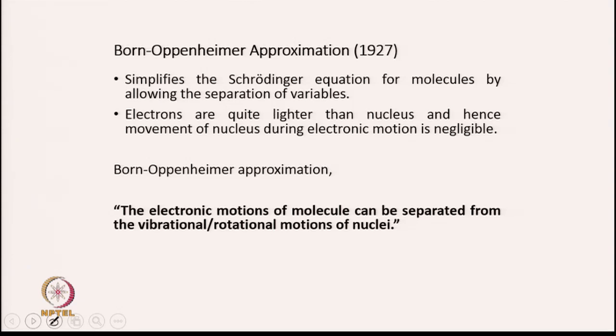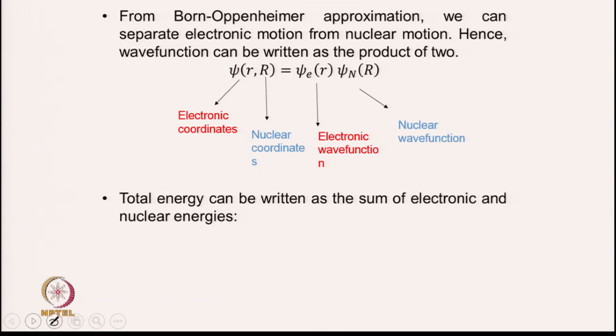What that means is that the electronic motion of a molecule can be separated from the vibrational and rotational motions of the nuclei. We can separate the wave function due to electron and the wave function due to nucleus. So, the wave function can be written as the wave function due to electron multiplied by the wave function due to nucleus, where psi e is called the electronic wave function and psi n is called the nuclear wave function.